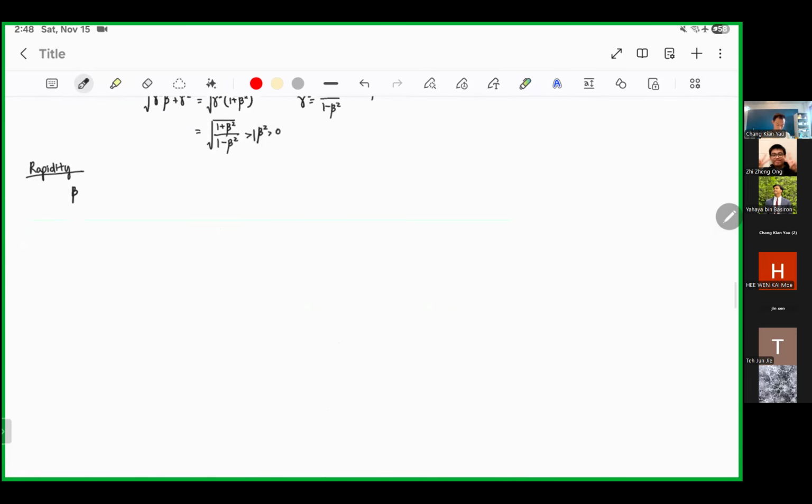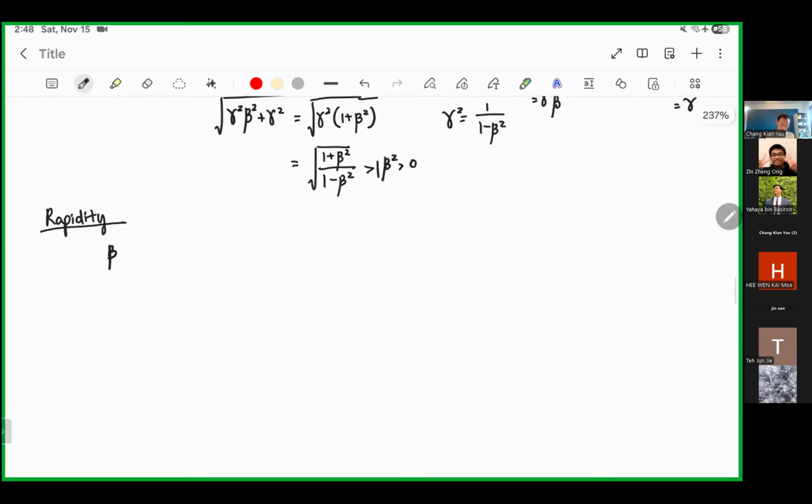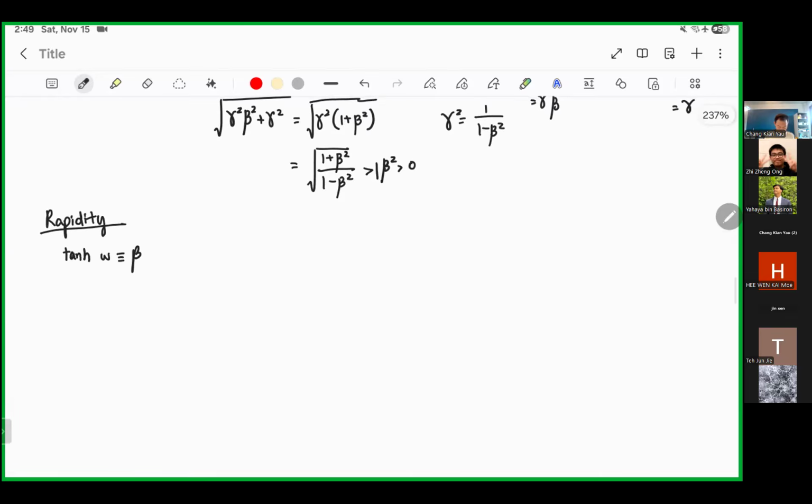So we define a hyperbolic angle called rapidity, omega, such that hyperbolic tangent of rapidity equals beta, and then it would make our calculation a lot simpler.